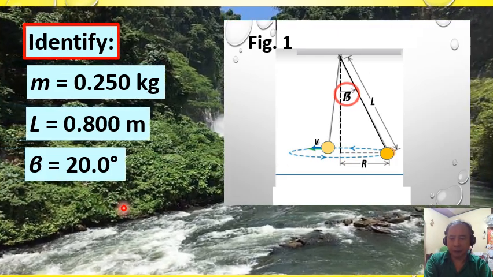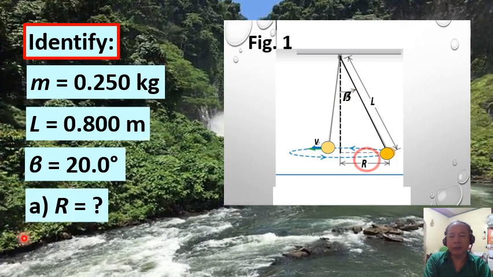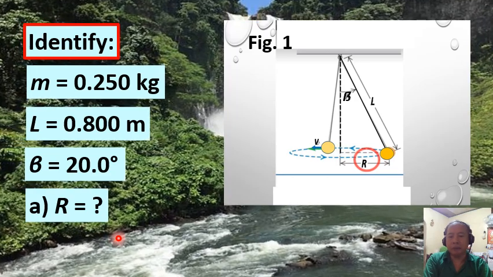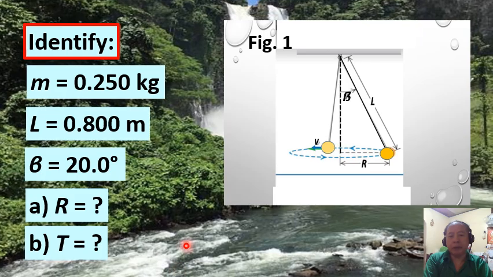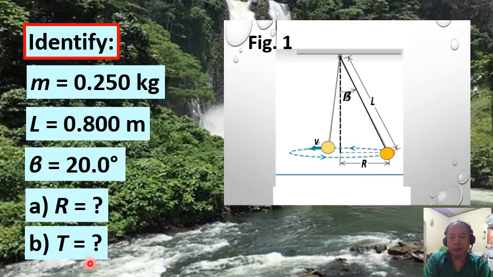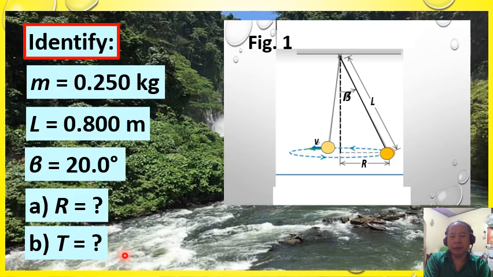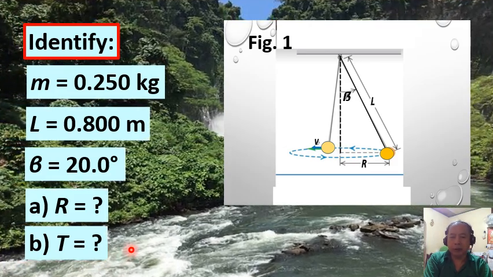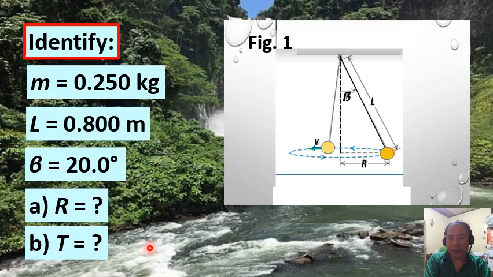And our target variables, we have in part A, the radius of the circle around which the bulb moves. In part B, we are required to determine the period, or the time it takes for the bulb to make a complete circle.